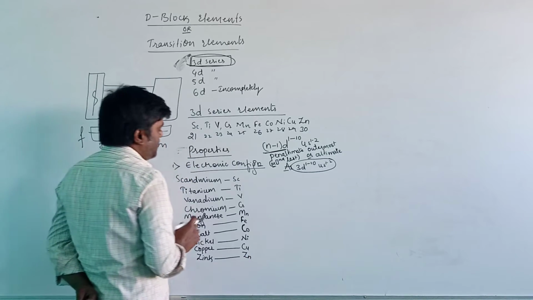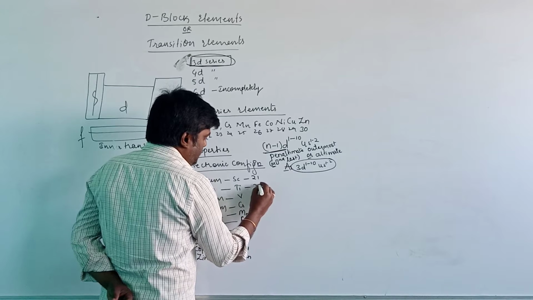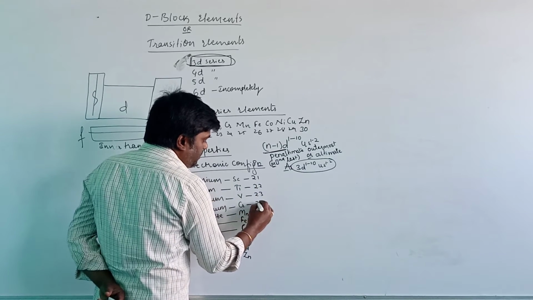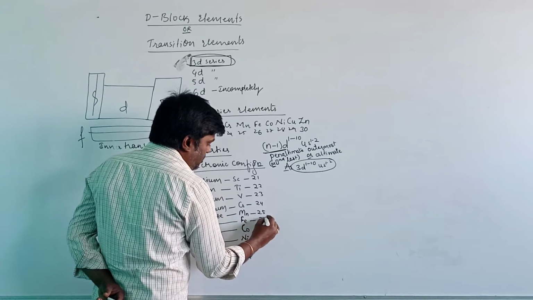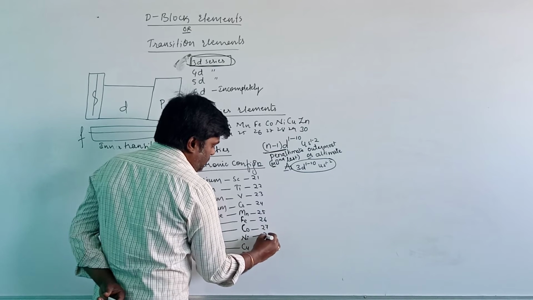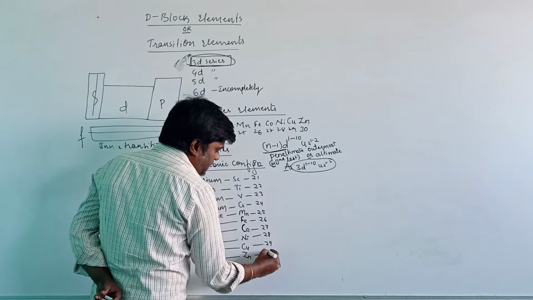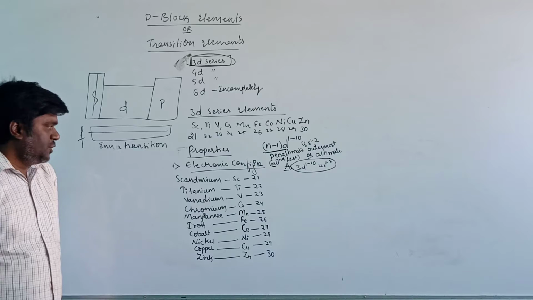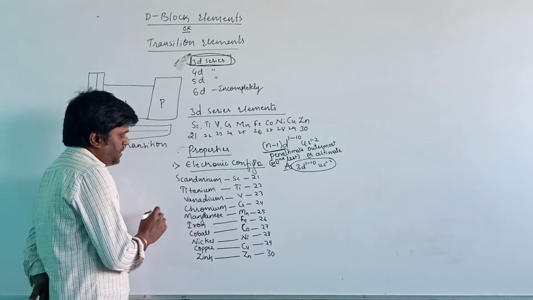The atomic numbers are scandium 21, titanium 22, vanadium 23, chromium 24, manganese 25, iron 26, cobalt 27, nickel 28, copper 29, and zinc 30. This is the atomic number and symbol for the 3D series elements.